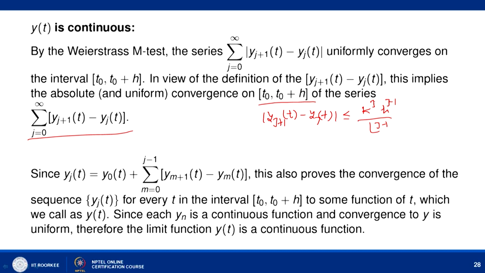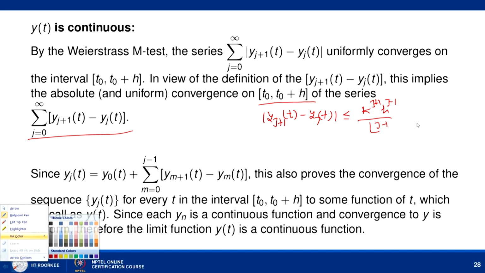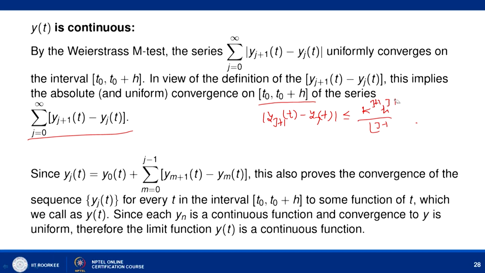Is it okay? I think it is j here, and here it is j here. So, we can say that this is bounded by k to the power j plus 1 s to the power j upon factorial j.